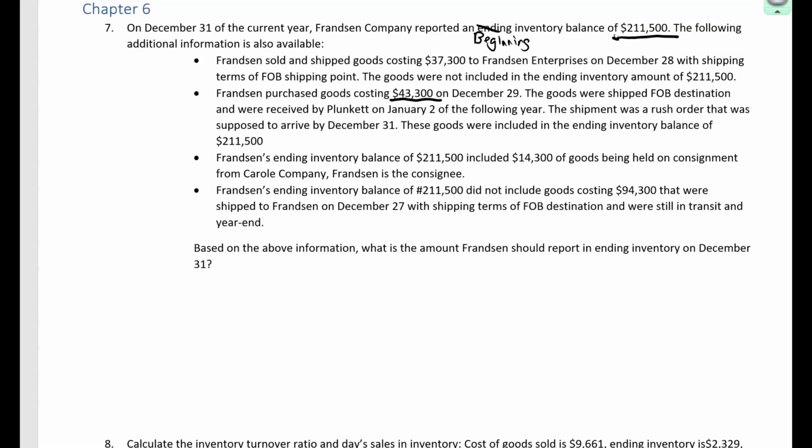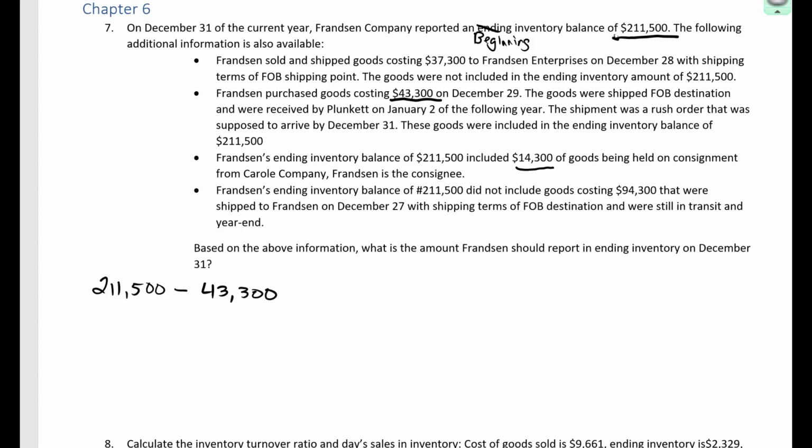So let's start this calculation here. $211,500, and then we're going to subtract this shipment that they just got. And then Franson's ending inventory balance of $211,500 included $14,300 goods on consignment.